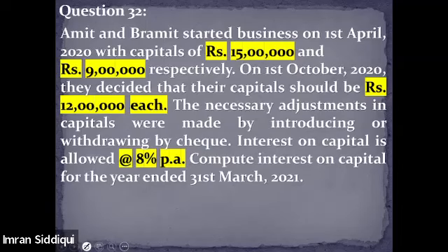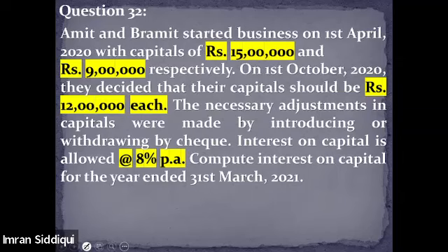Now, reading the question, it says that at the beginning of the year, that is on 1st of April, both the partners have opening capital balance of 15 lakh and 9 lakh. But in the middle of the year, on 1st of October 2020, both of them mutually decided to maintain the balance at 12 lakh.